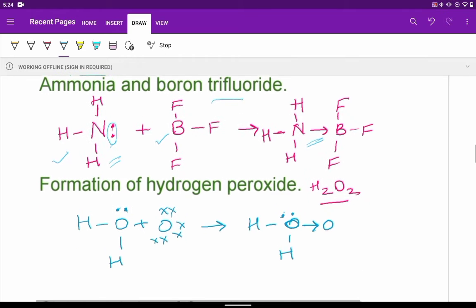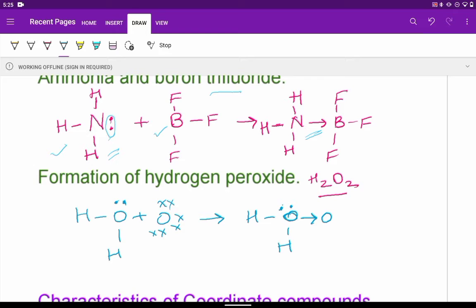Next example we come across is in hydrogen peroxide H2O2. Now see, you know water molecule, water is a bent molecule. Oxygen in water molecule has a lone pair of electrons over it, and it has formed 2 single covalent bonds with 2 hydrogen atoms.